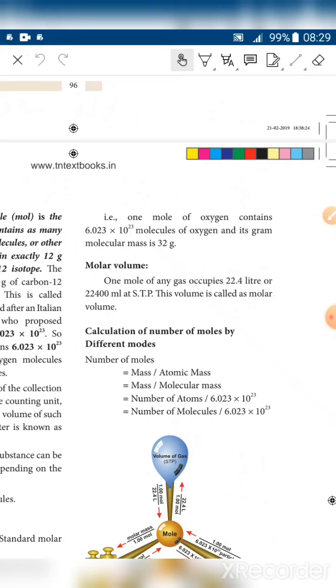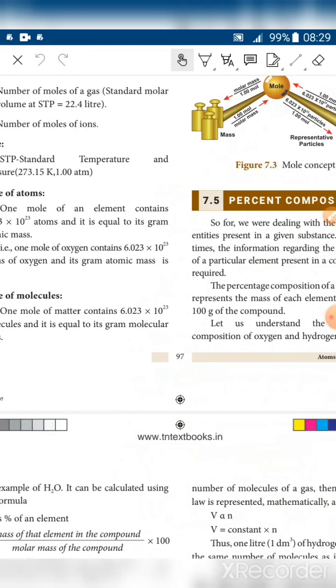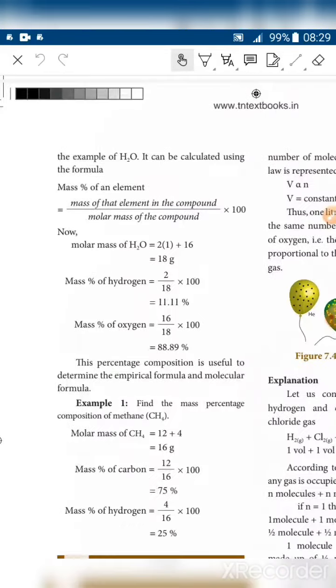Calculation of moles using different modes, that is mass by atomic mass, mass by molecular mass, number of atoms by Avogadro number, number of molecules by Avogadro number. Then percentage composition, which can be calculated using the formula: mass percentage of an element is equal to mass of the element in the compound by molar mass of the compound into 100.